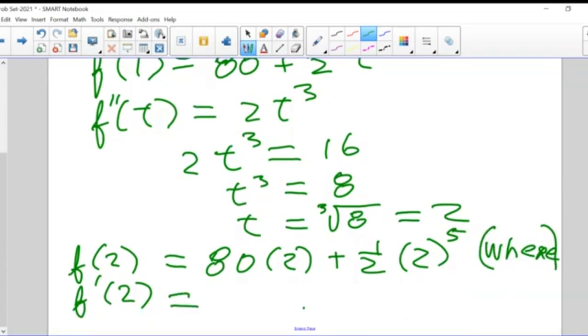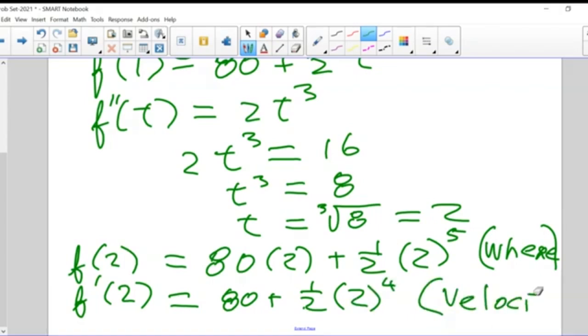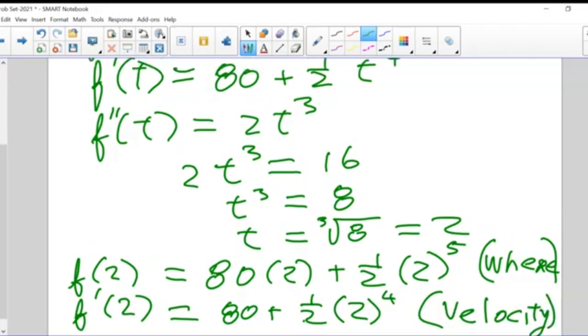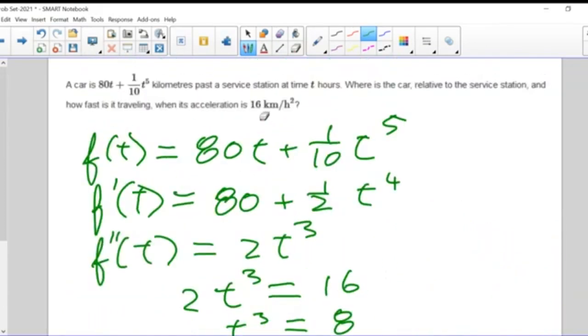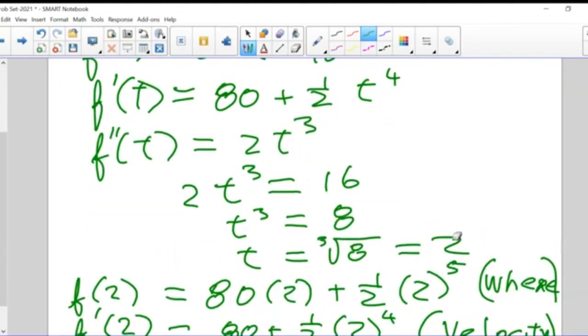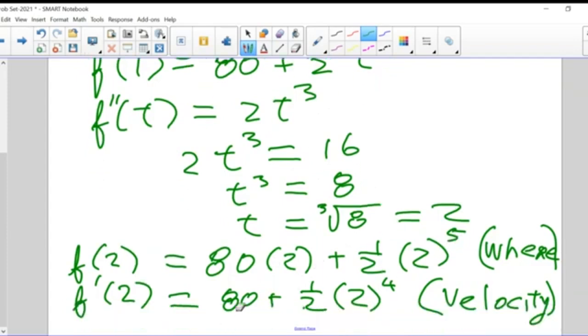The second one, you're going to do that, which is the 80 plus a half of 2 to the power of 4. When you get that answer, this answer is a question of velocity. How fast am I going at that point? So when my acceleration is 16 kilometers per hour squared, I am this distance away, once you calculate this, from the gas station, and I am traveling at this velocity, whatever this works out to be.